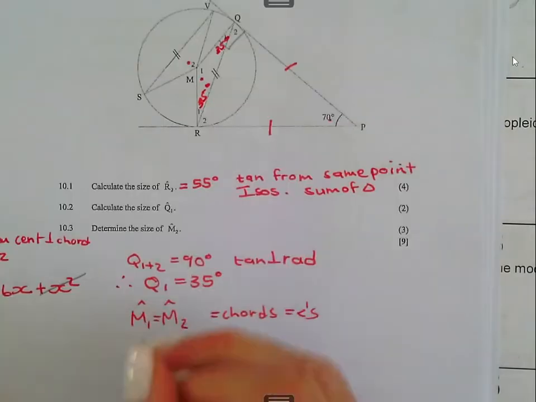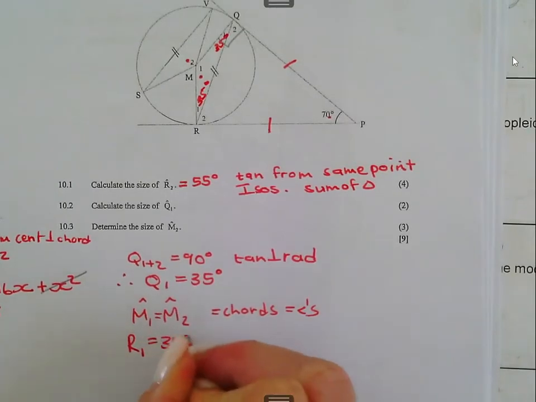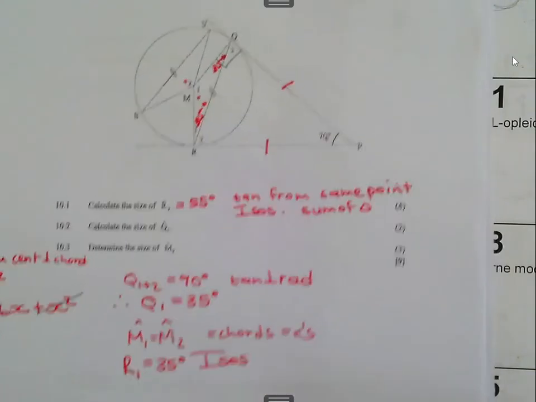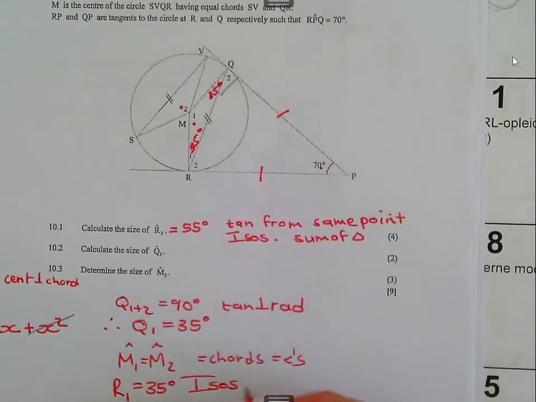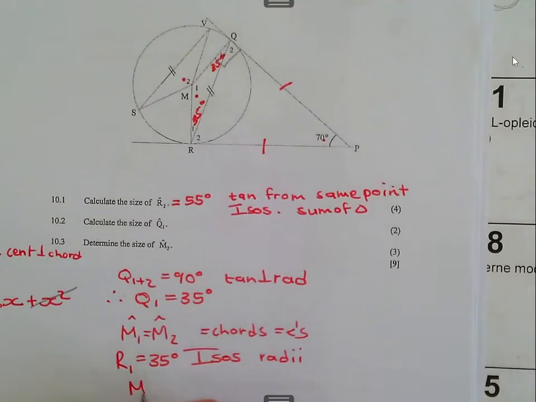Who can tell me why R1 is 35? Why is it isosceles triangle? You must put in radii, né? Because it wasn't given that it's isosceles. And then I can find M1, né?